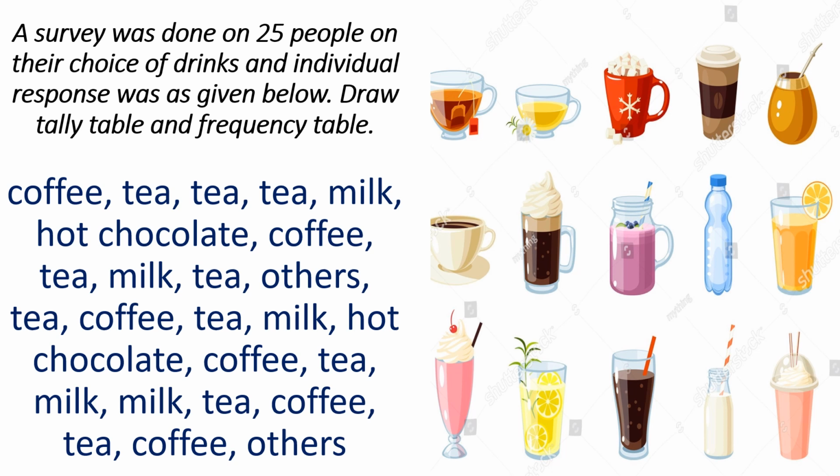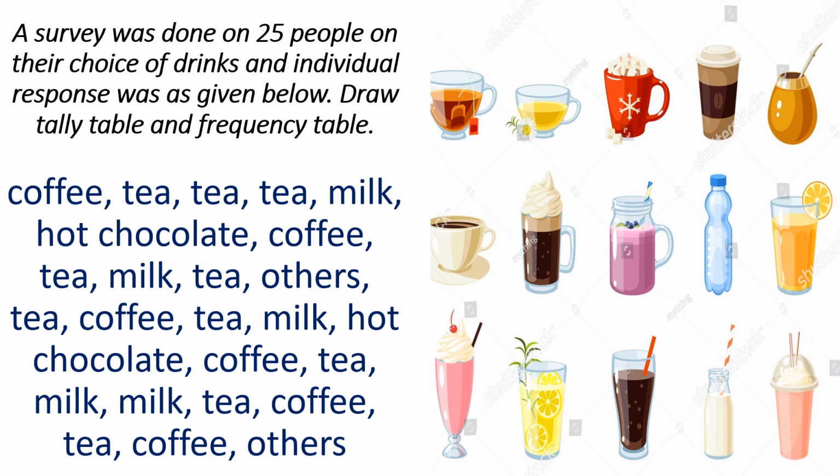For another person, the choice is tea, and milk is also a kind of choice, hot chocolate and others. So there are 5 kinds of choices actually: coffee, tea, milk, hot chocolate and others. On this basis, we have to draw a tally table and frequency table.